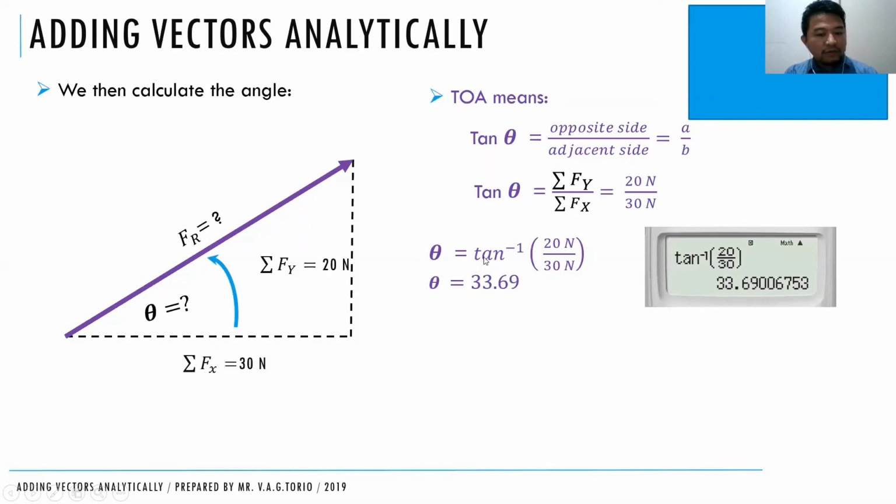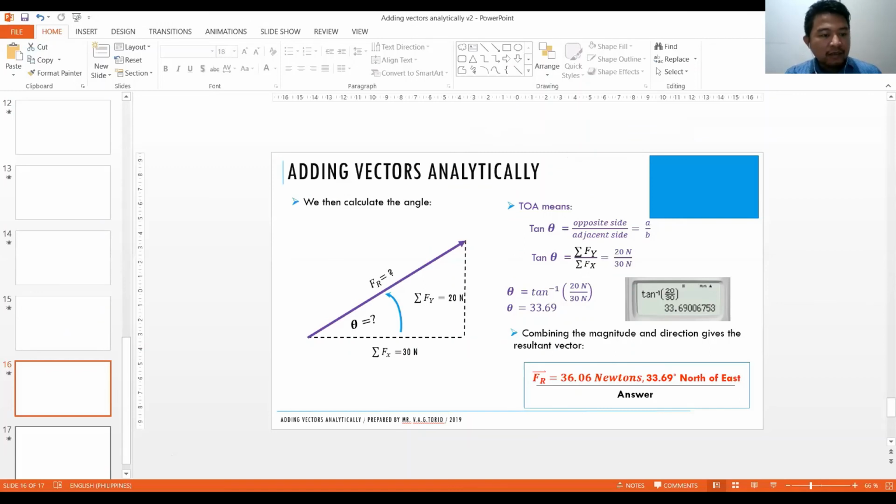Or we can quickly do that in our calculator here. In order for us to get the second function, tan negative 1, we need to press shift and the tan function, and tada, we'd be able to use the inverse tan function and the fraction function here and substitute the values 20 over 30.